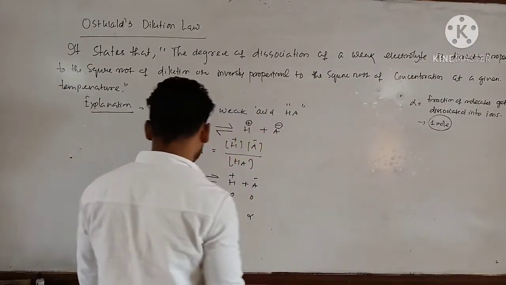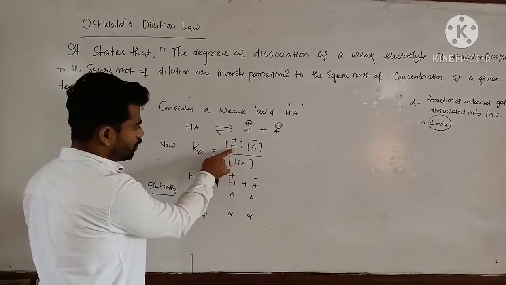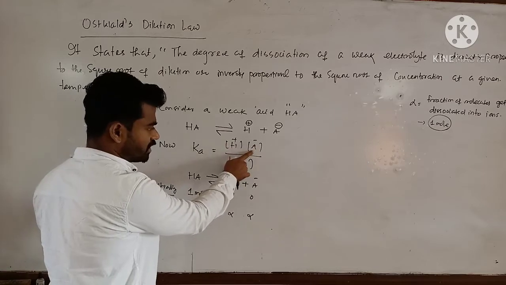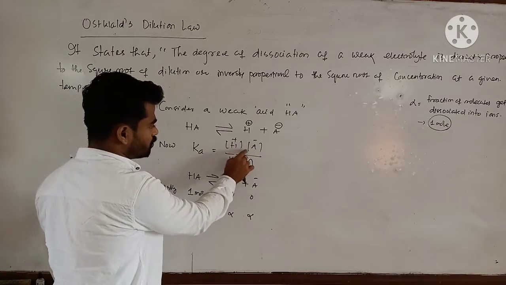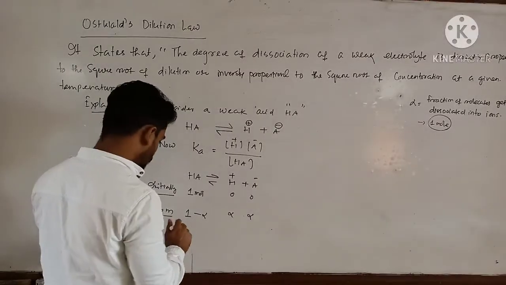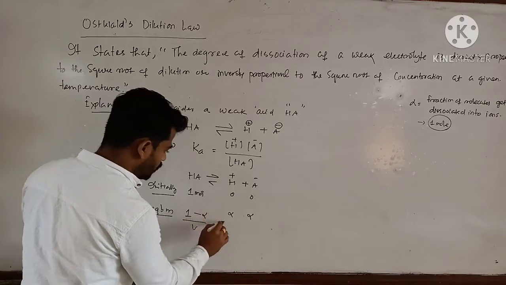Now, in terms of concentration, since these are equilibrium concentrations of the H plus and A minus ions, we write number of moles per unit volume.